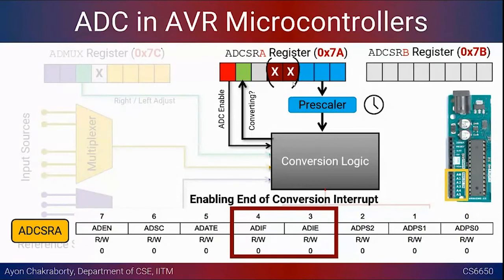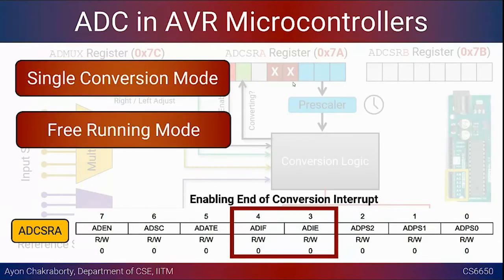Okay, and the same status register, the ADC SRA. There are two ways we normally do conversion whenever you are reading from an analog sensor. Depending on your necessity, one is that you want to read a single sample, which is known as single conversion mode.